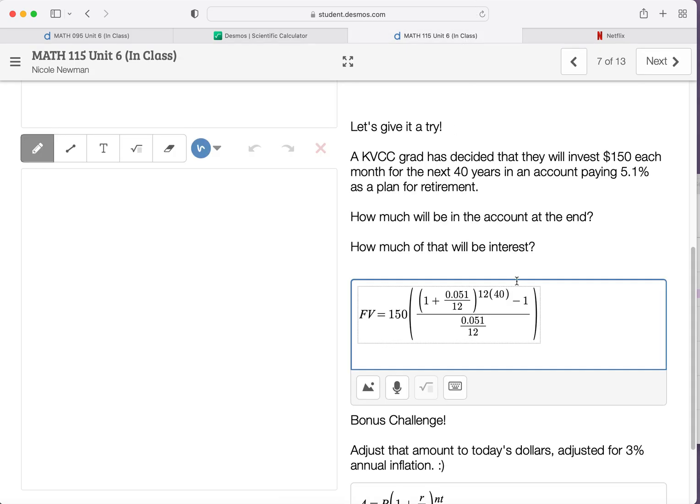So let me borrow that. Put a dollar sign on here. This looks like $234,968.34. That is all of the payments the person puts in plus all of their interest over time.